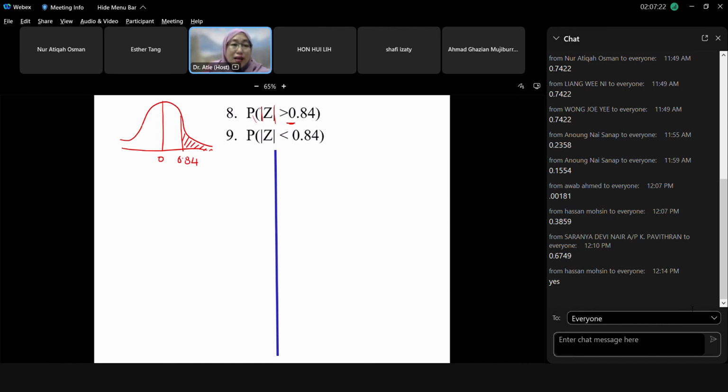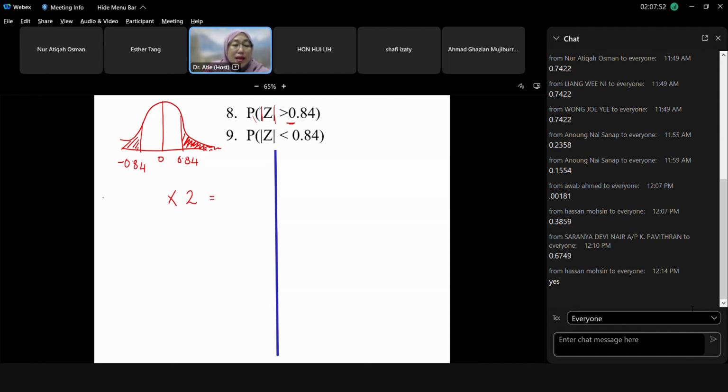So the other area will be the same as this one, negative 0.84, and the area will be this one. That's what it means by the absolute value. In order to find these two areas is very simple. Whatever you get from the table for 0.84, you just times 2, and then you will get the answer.